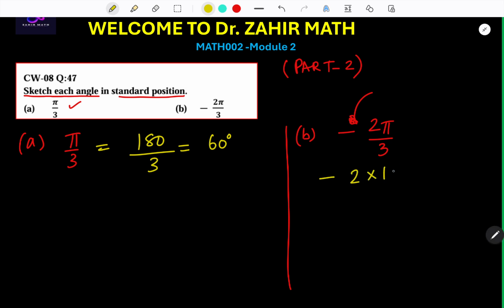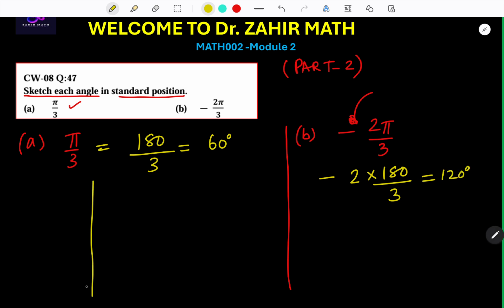Minus 2 into 180 divided by 3. So let's go to the calculator and put all these things: 2 multiply 180 divided by 3, which is equal to 120 degrees.